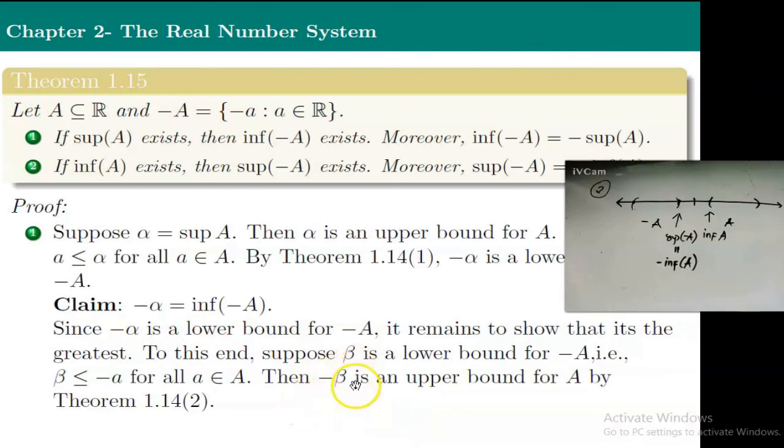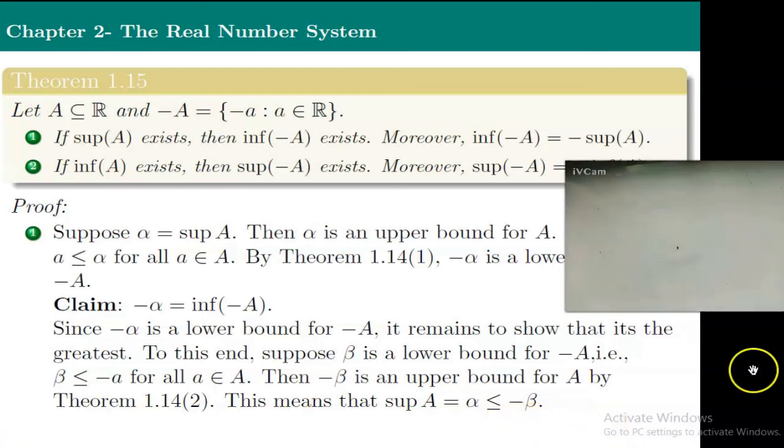Then by the preceding theorem, number 2, which states that if beta is a lower bound for negative A, then negative beta is an upper bound for A. This means the supremum of A, which is equal to alpha in our assumption, is less than or equal to negative beta. Why?